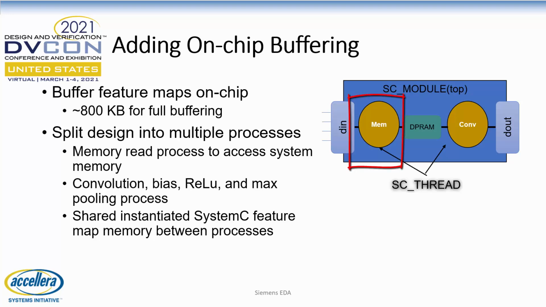There is a memory read process to access system memory via our generic bus interface. And then there is the convolution process, which includes the bias, activation, and pooling functions. The on-chip buffer is a shared instantiated SystemC memory that stores the feature maps between the processes.